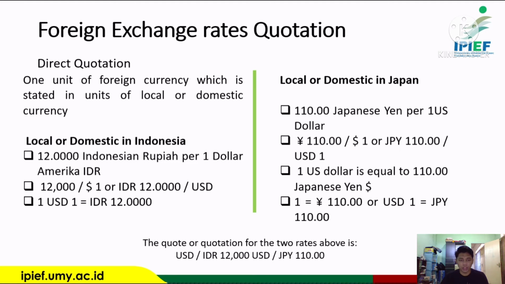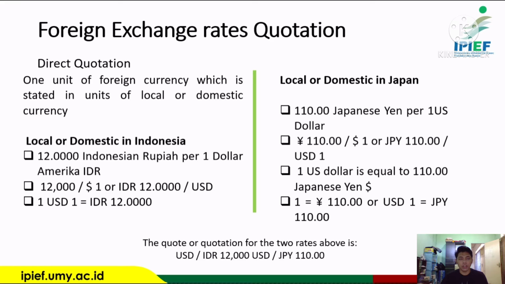As we know, in the past the Indonesian currency was 12,000 Indonesian rupiah per 1 US dollar, and we can interpret that $1 is equal to 12,000 rupiah.